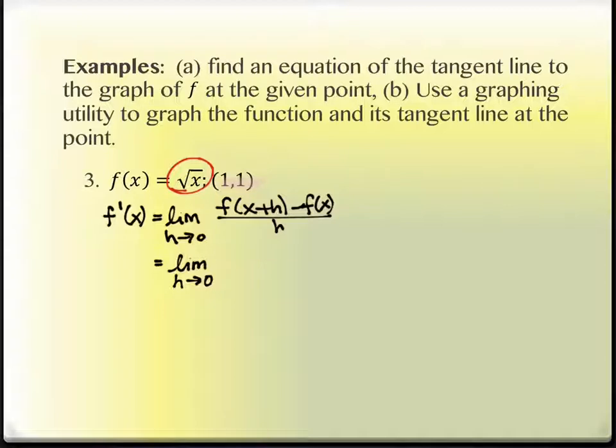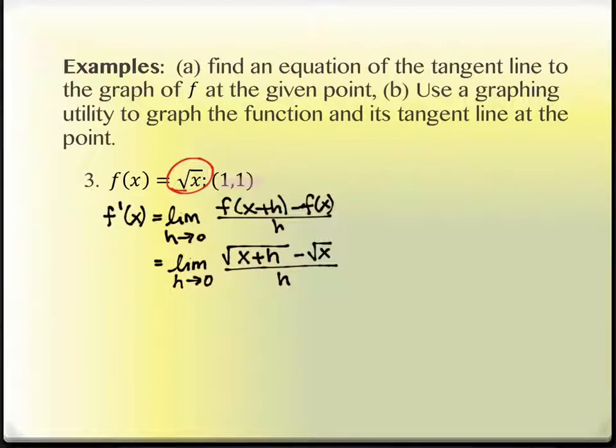And that x is located underneath the square root, so now my x plus h will be located underneath the square root. The second part is what I get for free. It is the function I'm given, so it's the square root of x. And the denominator is part of the process as well, it stays the same every time, it's just h.